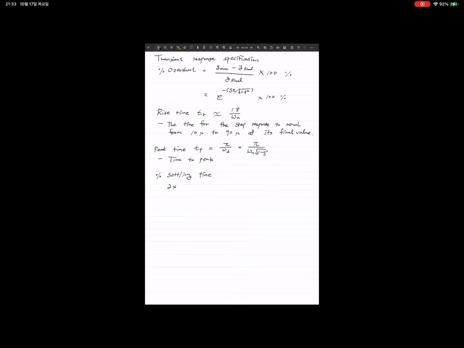We denote the settling time as TS, and it can be approximated by this equation, 4 over zeta omega n.